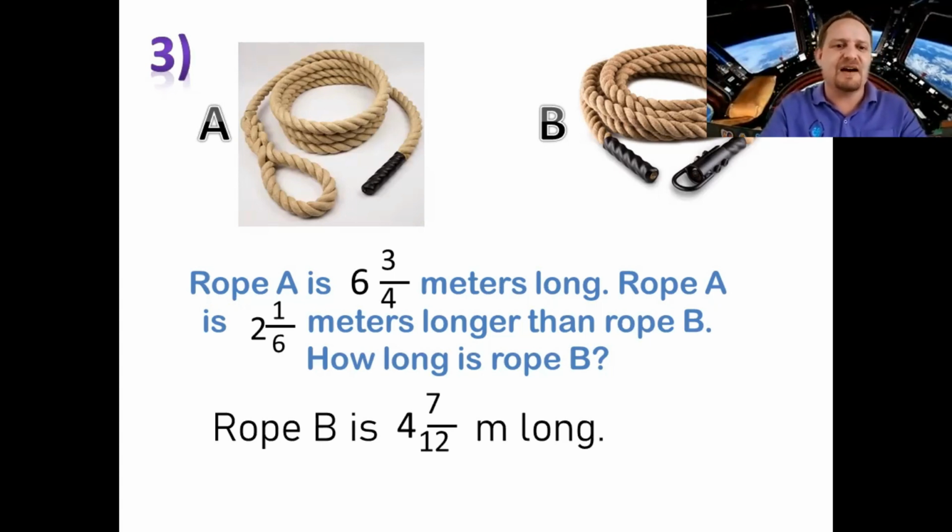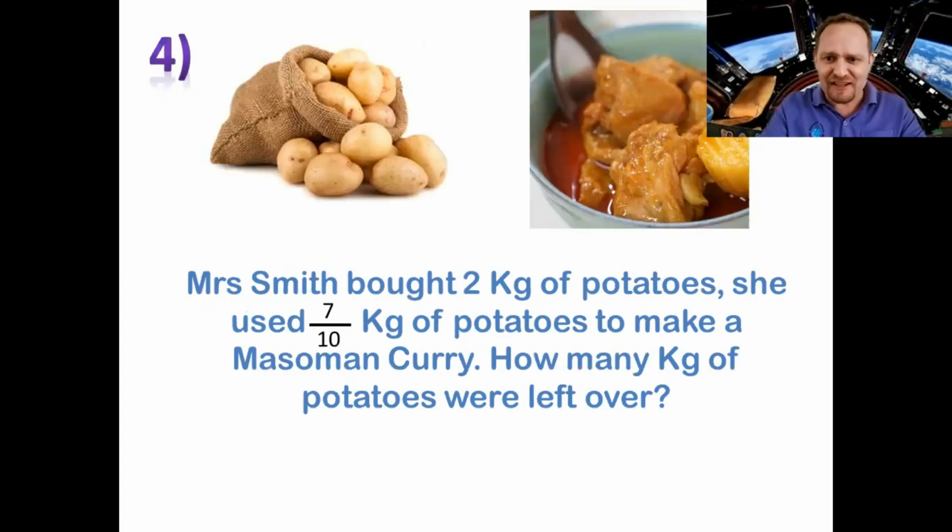Good. Number 4. This was about Massaman curry. Mrs. Smith bought 2 kilograms of potatoes. She used 7/10 kilograms of potatoes to make the curry. How many kilograms of potatoes were left over? The key phrase was left over. How much was the remainder? And the hardest part was to put the whole number 2 into a mixed number, wasn't it?